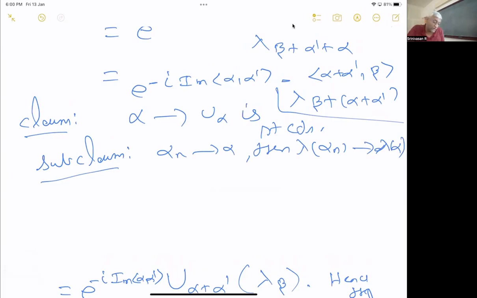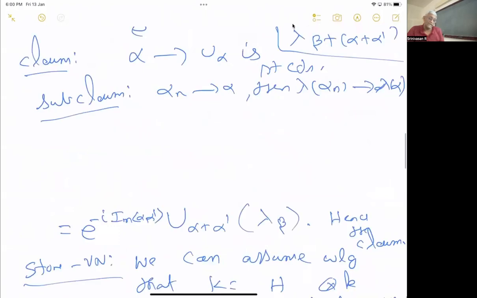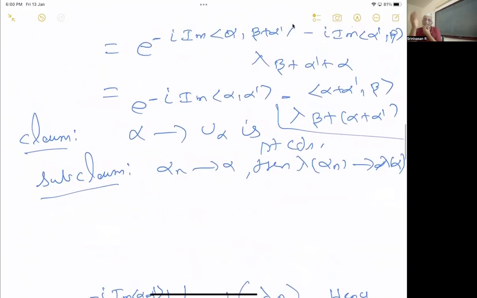So why is that true? Lambda alpha n are vectors in the Hilbert space. Alpha n are in complex numbers, Cn. So alpha n goes to alpha in Cn, but this happens in K, the Hilbert space K. So how do we prove it? Let us compute the norm of lambda alpha n minus lambda alpha.